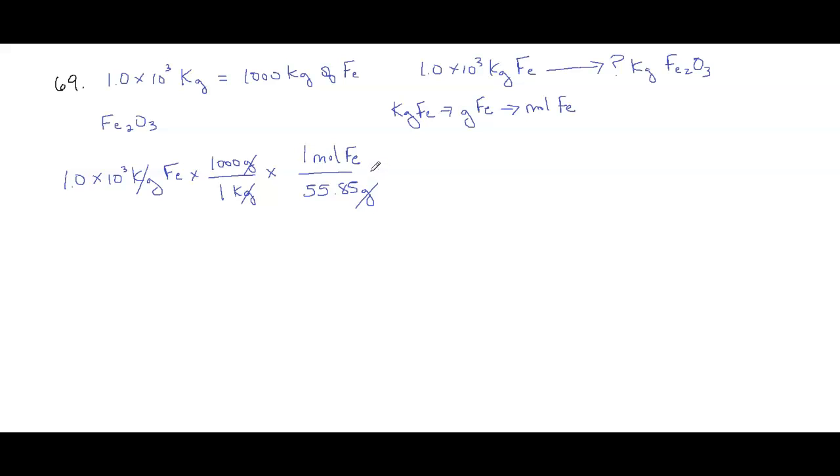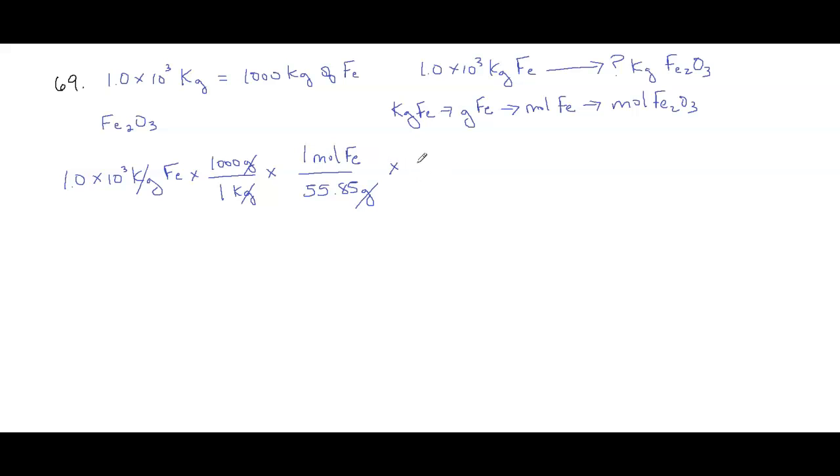From moles of Fe, I need to do the conversion factor of, I want to change it from moles of Fe to moles of Fe2O3. That's my next big conversion.